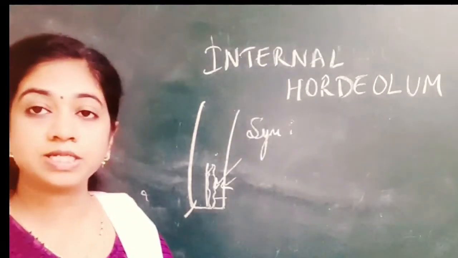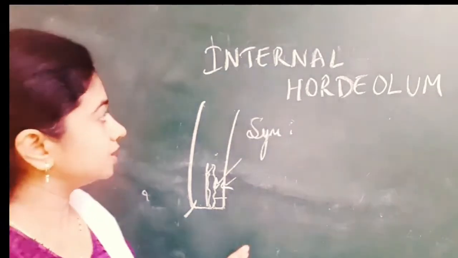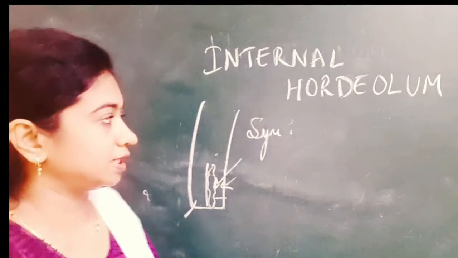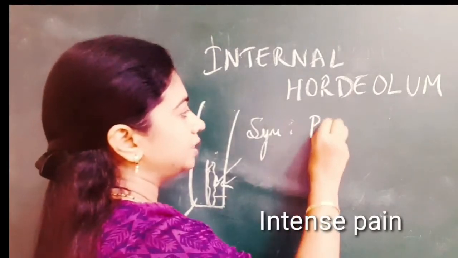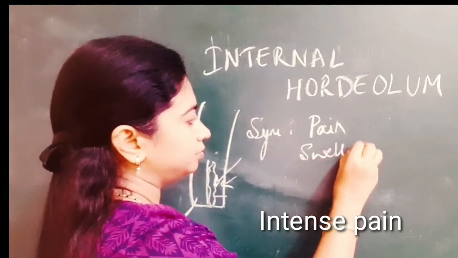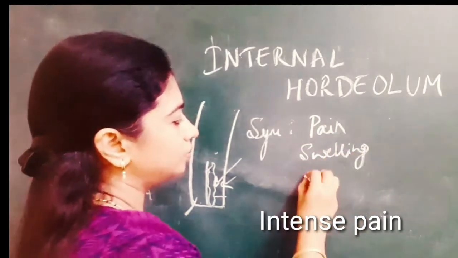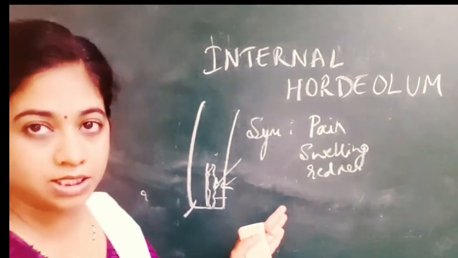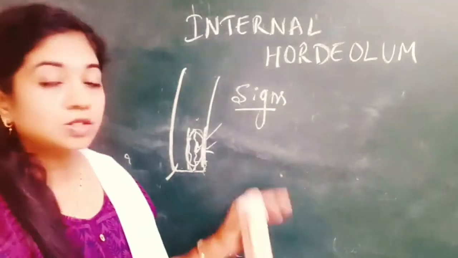Okay, so how will the patient present? As I told, it's an acute infection, so obviously the patient will have all the symptoms of acute infection. The patient will come with pain in the eyelid along with swelling because of the meibomian gland, and there will be redness of the eyelids. Okay, so these are the symptoms the patient will present with. So what are the signs?